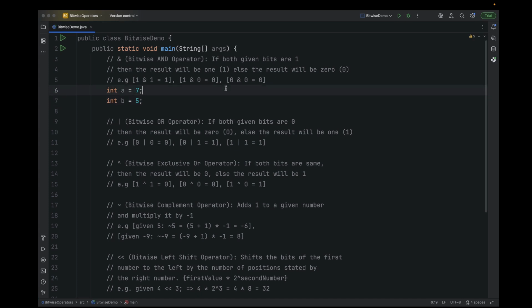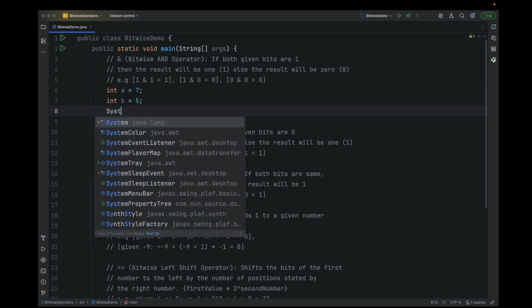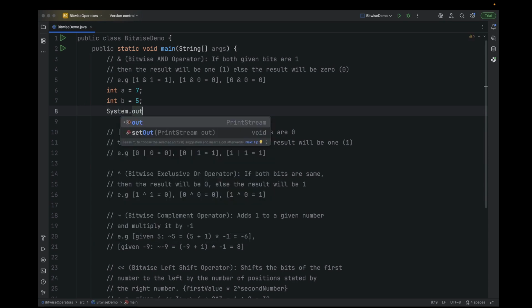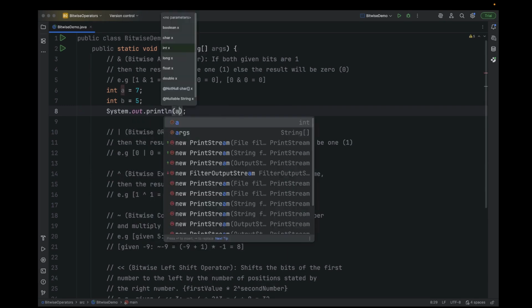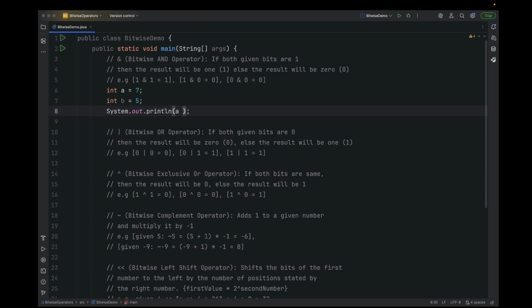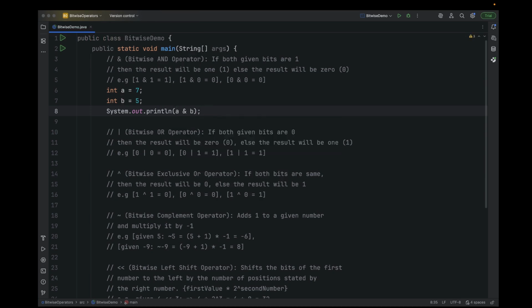What does it mean? Before the computer performs any operation for us, it is going to convert the numbers to bits first. So let's say we wanted to print out something like System.out.println of a and b. Before we run this, let us do some verification of what the results should come out with.